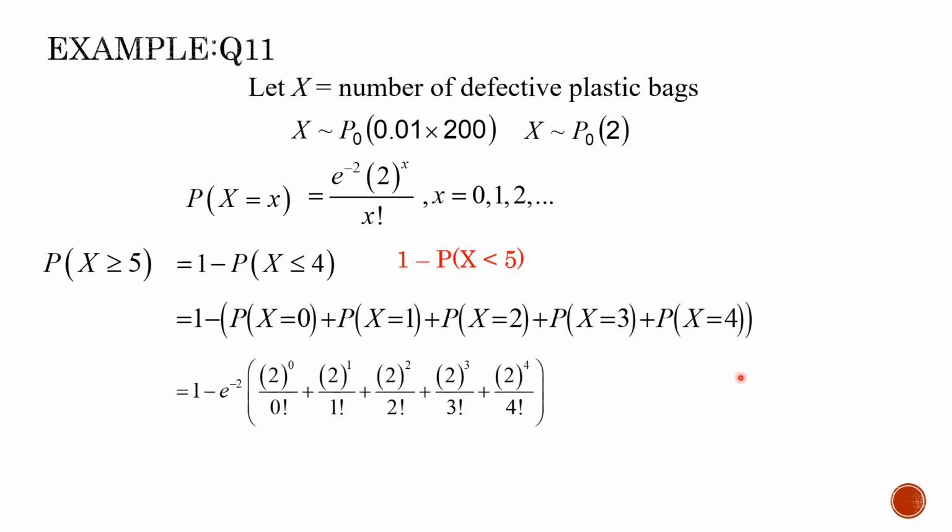So substitute into the Poisson distribution formula. You take out e to the power of negative 2 as it is a common factor. So your x is 0 here, 1, your x is 2 here, your x is 3, your x is 4. So calculate. Solving, you have 0.05265, rounded off to 4 significant figures.